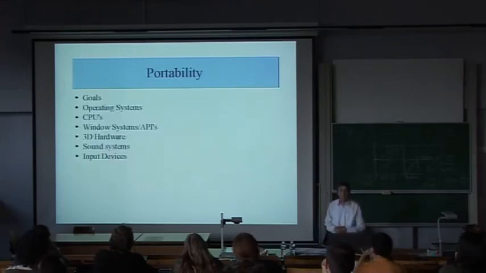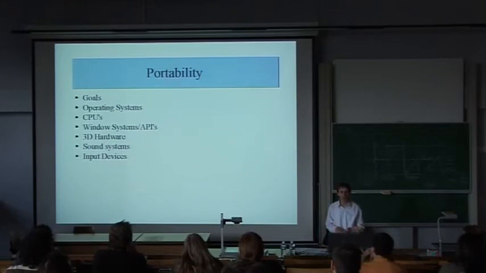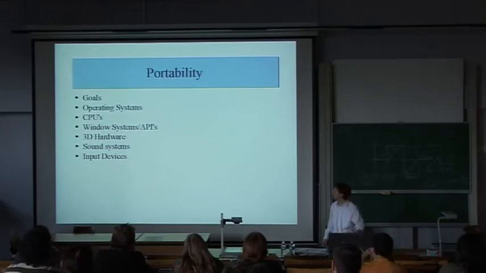So portability. Portability is very important for Crystal Space. We try to target as many operating systems as possible. At this moment, due to lack of maintainers, we only target the major three, so Windows, Linux, and Mac OS. But the code is portable enough so that it's relatively easy to add other ports. So operating systems is one important target.